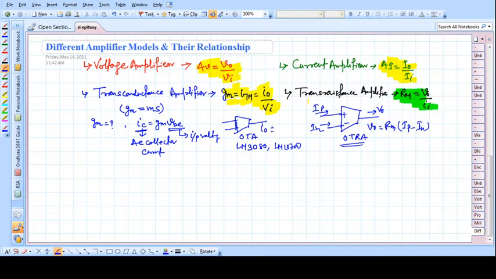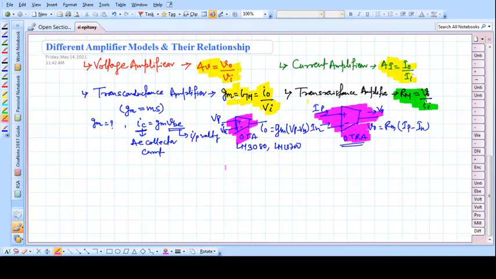I naught is simply GM times VP minus VN, with VP and VN being plus and minus. Again I highlight the thing: this one is our OTRA, and this other one is our OTA, the transconductance amplifier. I am not discussing the OTA and OTRA now.